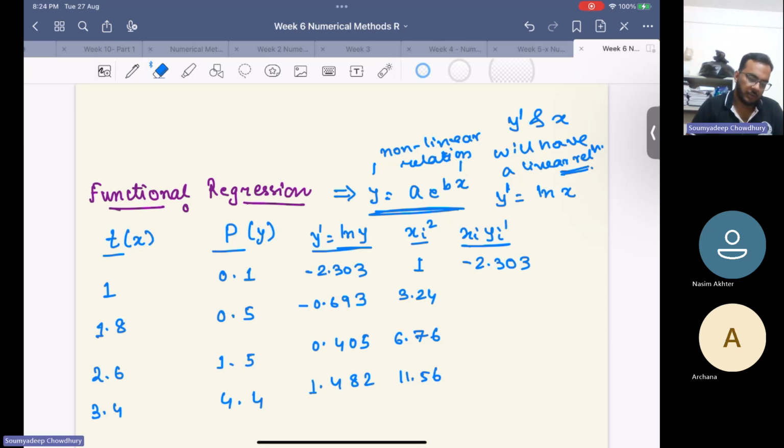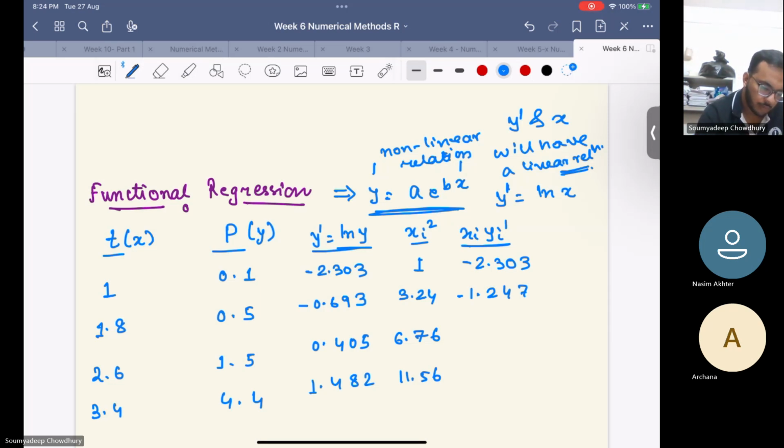So 1.8 into minus 0.693, that is minus 1.247. Then 2.6 into 0.405, it is 1.053. And this is 3.4 into 1.482, which is 5.039.